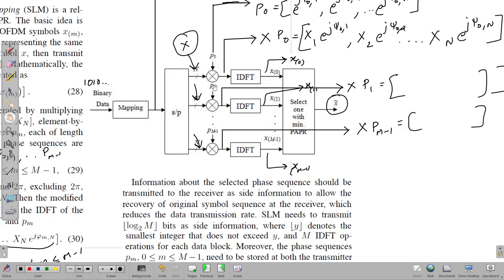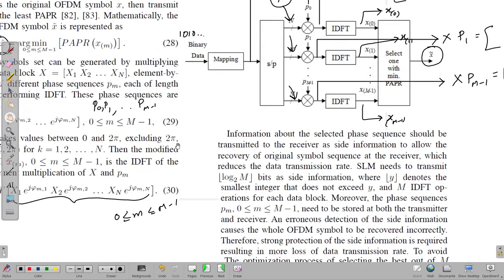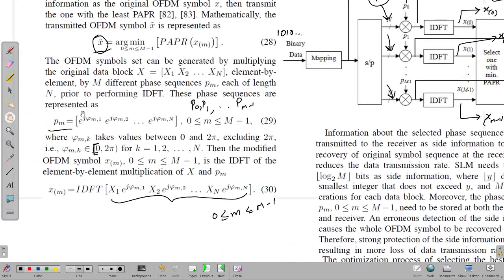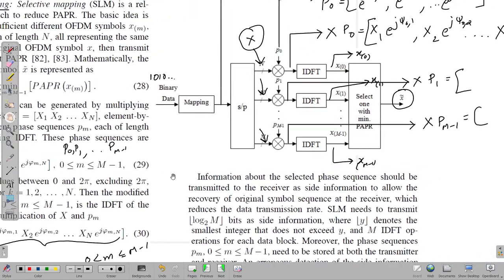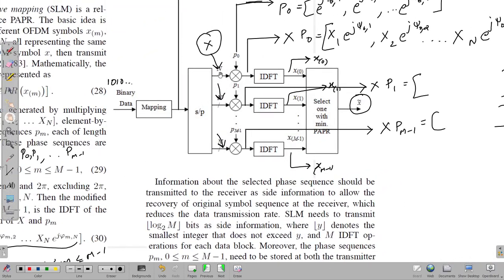Each of the phase sequences is different. They have different elements, and these elements have unit magnitude and the angle phi m comma 1, which ranges from 0 to 2 pi. So they induce different phase rotations for the original set of modulated symbols.